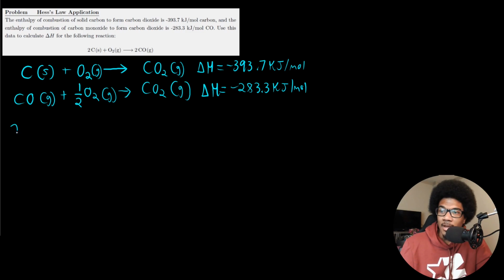So we can think of this reaction as a two-step process. So let's say we have two carbon solid plus O2, right? We can envision this forming carbon dioxide as an intermediate step, right? So we'll have two CO2, and then that carbon dioxide forms carbon monoxide.